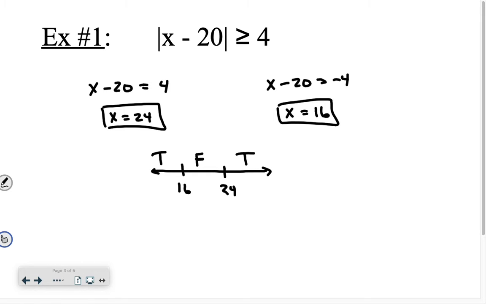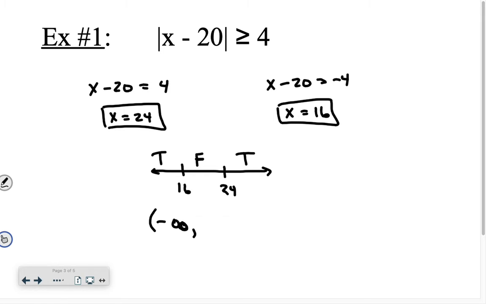Let's start with the first interval. Remember, we always go left to right. What's the first thing I'm going to write down if we're going from left to right? Over here to the left, if this keeps going forever in the negative direction, we're at negative infinity. Remember, we put a parenthesis there because we can't include infinity or negative infinity. Up to what? Up to 16.